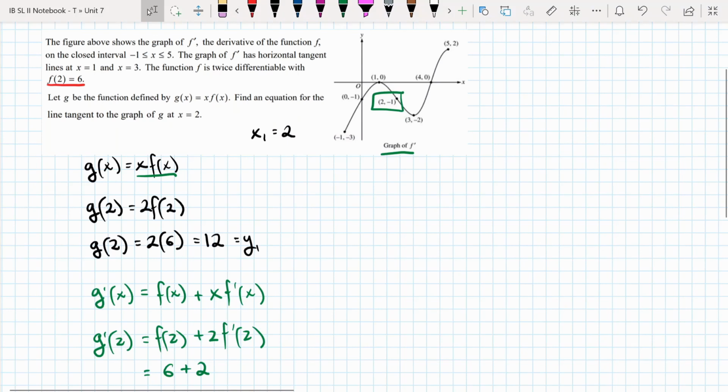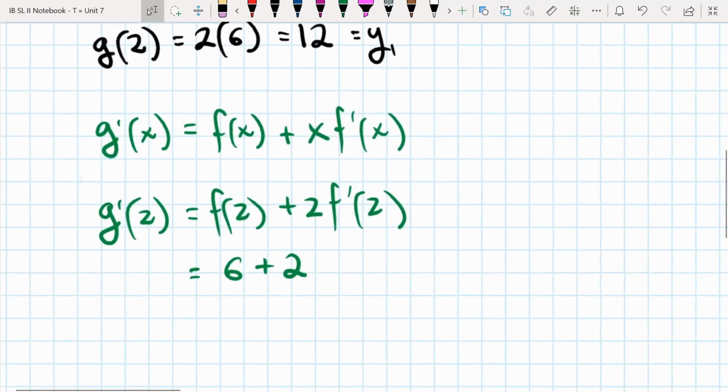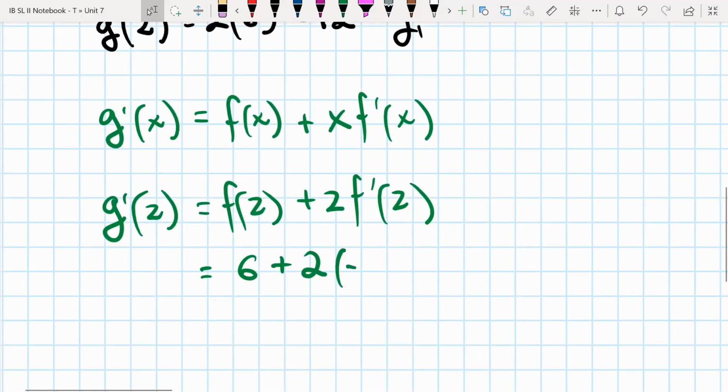And because the y value at 2 of f prime is -1, instead of writing f prime of 2, we're going to write -1. Now let's evaluate the derivative of g at 2. So this becomes 6 minus 2, which is 4. And that's our m sub t value.